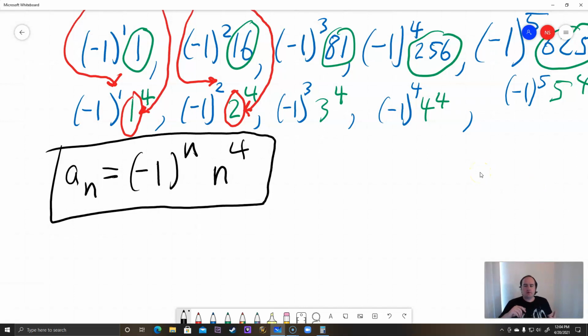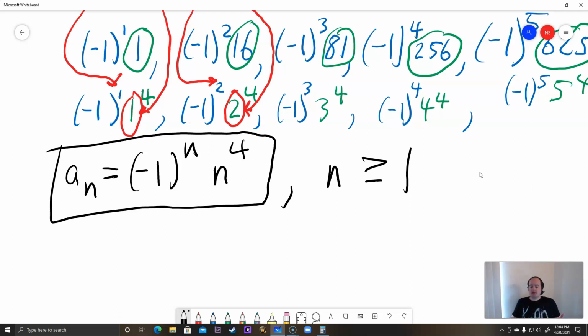And then there's one more thing I wanted to talk about before we go on to the next problem, is these sequences don't always have to start at 1. They could start at 0, they could start at 2. I guess they might even be able to start at negative 1, although that's very rare if that ever happens. But because they can start at different numbers besides 1, when you're actually writing the formula like this, I almost forgot, we actually need to write n is greater than or equal to 1.